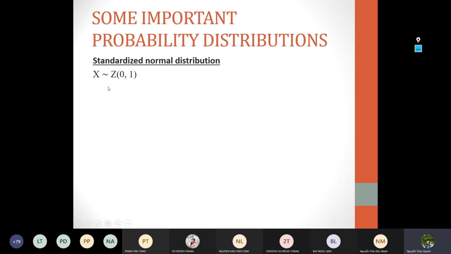But for a standardized normal distribution, the mean must be 0 and the variance must be 1, and we denote the standard normal distribution with a z like this. We say that z follows the standardized normal distribution. All right, so here's the probability function for a standardized normal distribution.